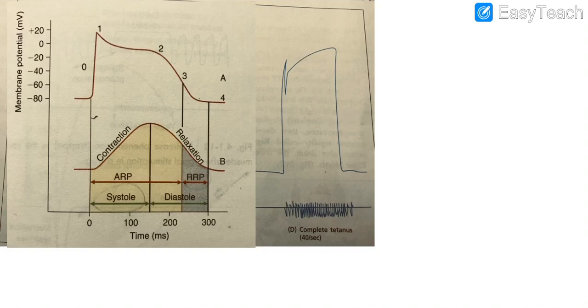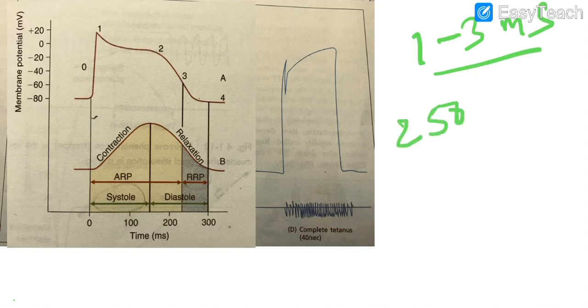The reason for that is the refractory period of a skeletal muscle is 1 to 3 milliseconds, and the refractory period of a cardiac muscle is 250 to 300 milliseconds.